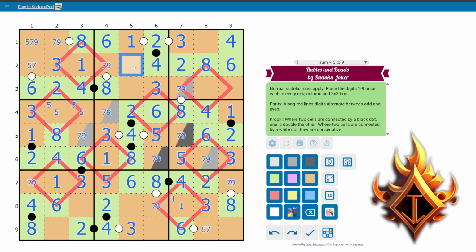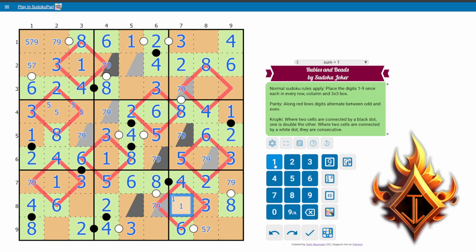So that one will be light. That one will be dark. That one will be dark. So this one cannot be. Well, let me keep going. That one is light. This is just 1.